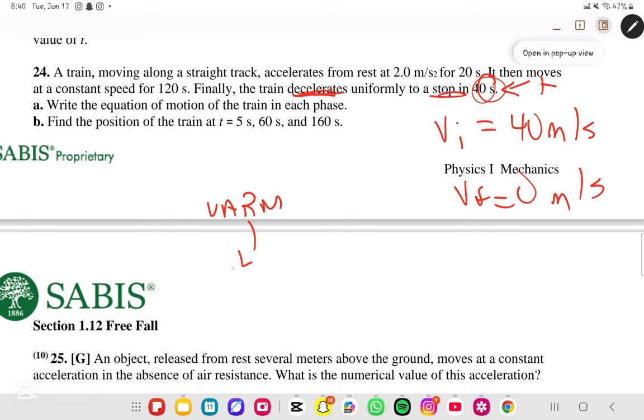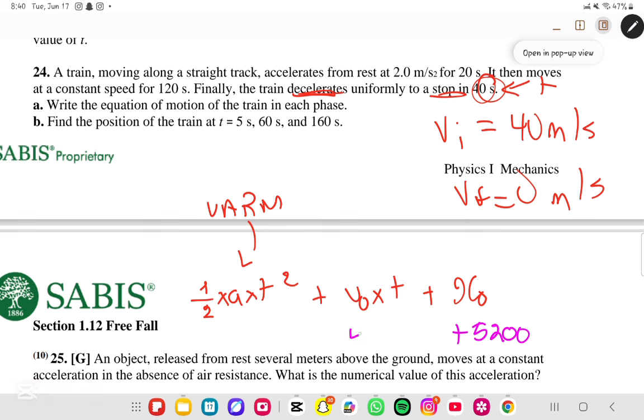What is the equation for UARM? It is 1 over 2 times acceleration times time squared plus velocity initial times time plus x initial. So x initial, we found from before, it's 5,200. Plus velocity initial, which is 40 times the time, which is also 40. Plus 1 over 2 times the acceleration times the time, which is 40 squared.